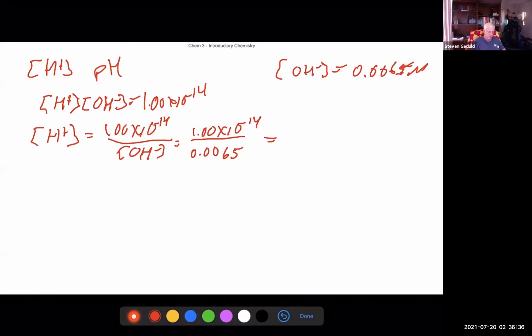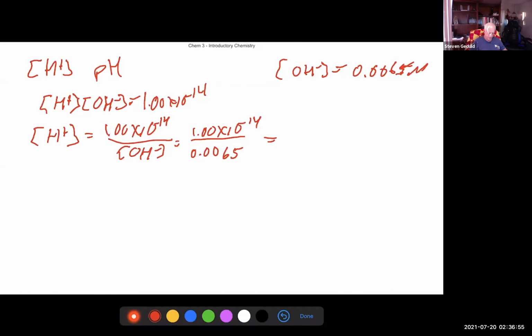Okay, so let's do our calculations. Let's do the scientific notation ones. Turn your calculator sideways, or use the EE function. We put in 1 EE 14 and then change it to a negative sign.